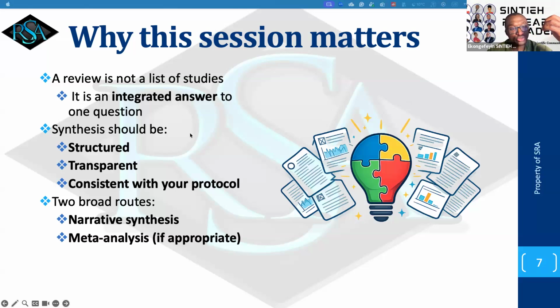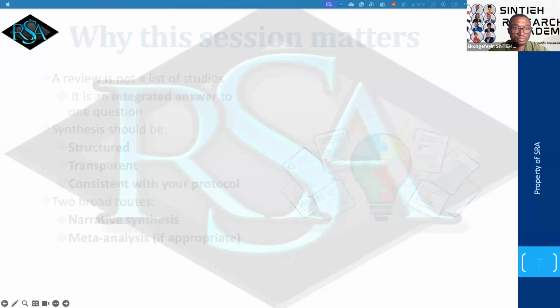And it should always be a structured and transparent thing, and it should always be consistent with the protocol. That's why we need to write the protocol before we even start doing it. And generally, you have two outcomes. It's either a narrative synthesis or it's a meta-analysis. There you need to assess for risk of bias and every other thing.